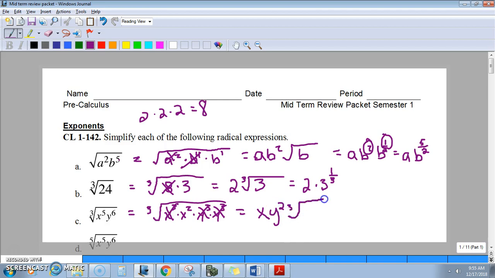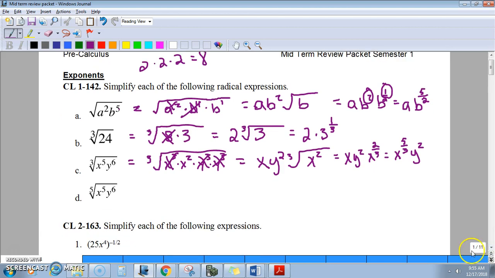And then I still have the cubed root of x squared. You could potentially rewrite this as x y squared times x to the 2/3 power, and then combine those x's: 1 plus 2/3 is 5/3, so that would be x to the 5/3 y squared if they only wanted exponents and didn't want any radicals.